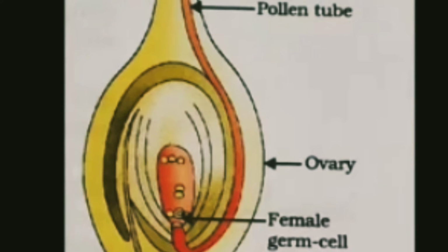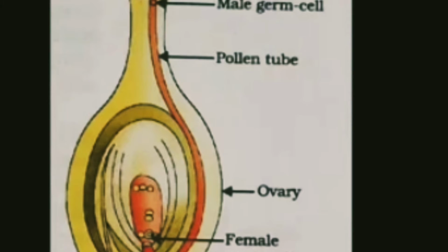Now the pollen tube sends the male gamete into the embryo sac, and that male gamete fuses with the female gamete, the egg cell. So they form a zygote.